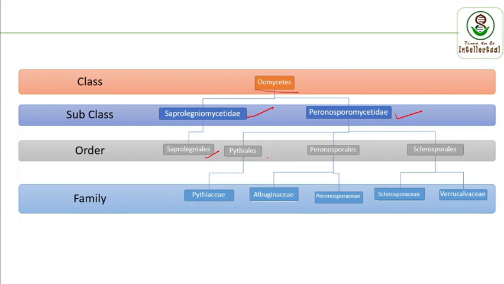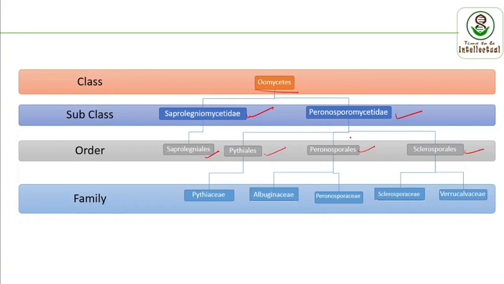We have three important orders. One is Pythiales. I hope you remember Pythium, that is damping off etc. And Peronosporales and Sclerosporales. While we were learning, we remembered it as the Downy mildew phylum or something else, but under this phylogenetic classification the Downy mildew group is divided.